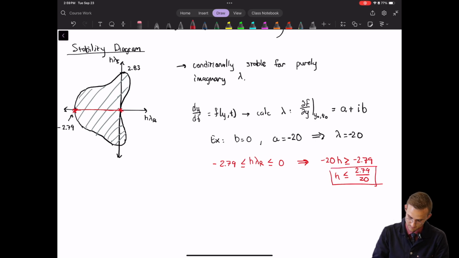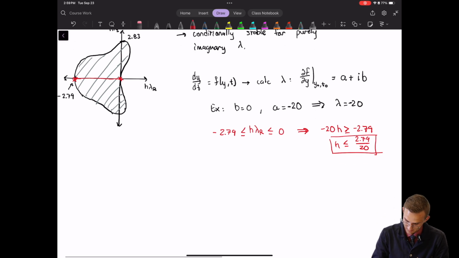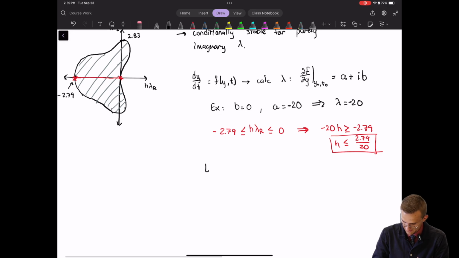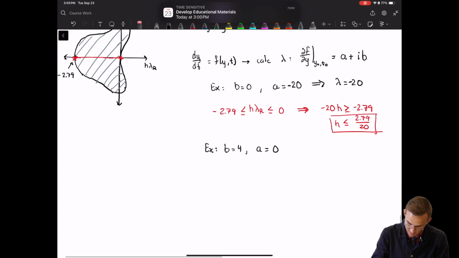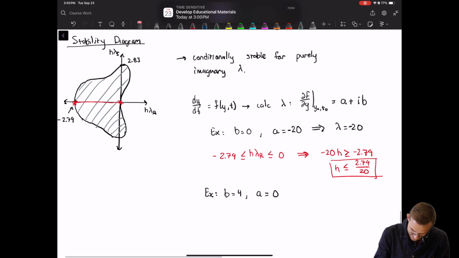As a different example, say you have b equal to 4 and a equal to 0. In that case, you're looking at this axis that I'm lining up in blue.